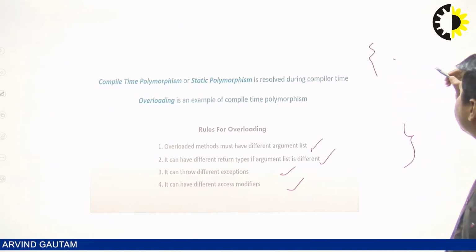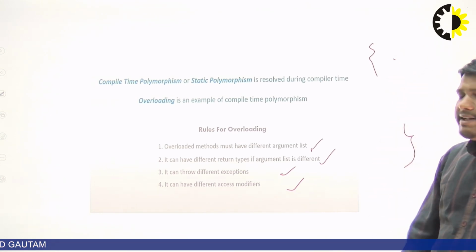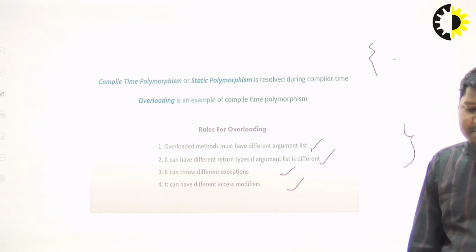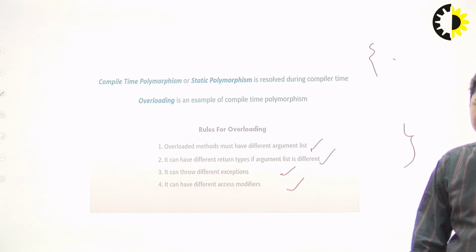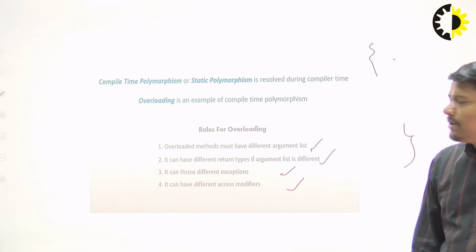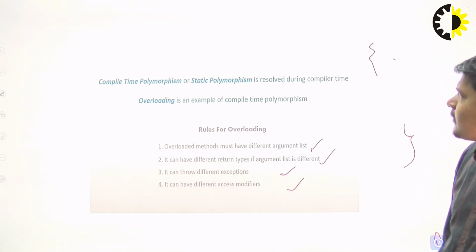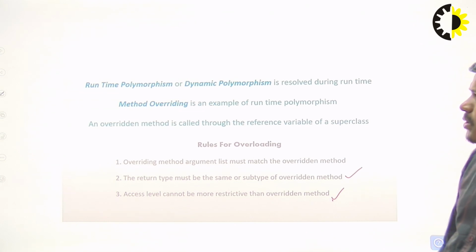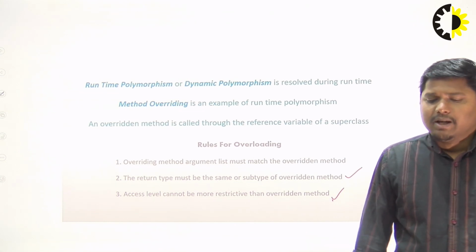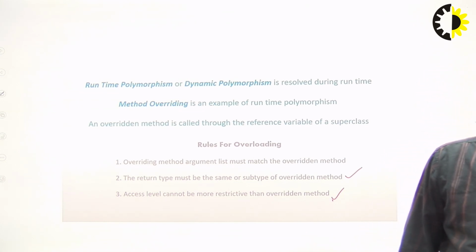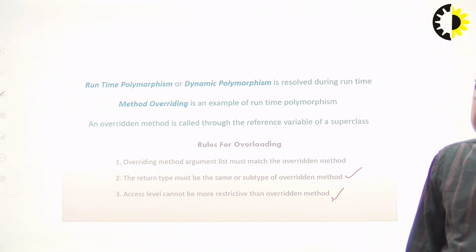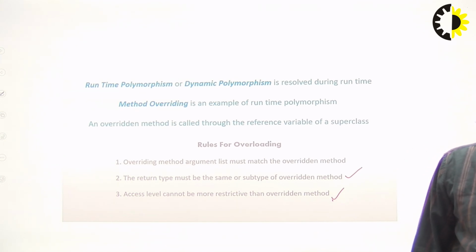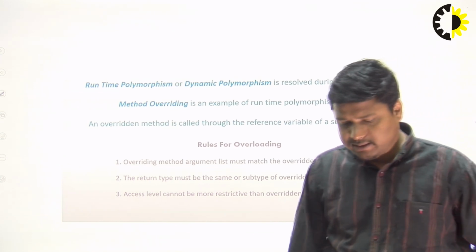We create a class in which we will create more than one method with the same name but different method signatures. And in runtime polymorphism, inheritance is involved, so method overriding happens when the parent and child class have the same method.